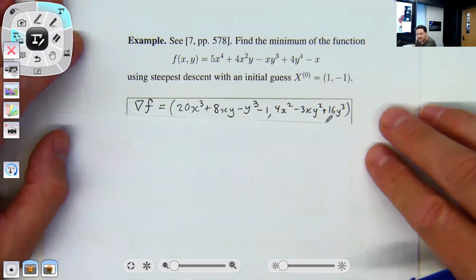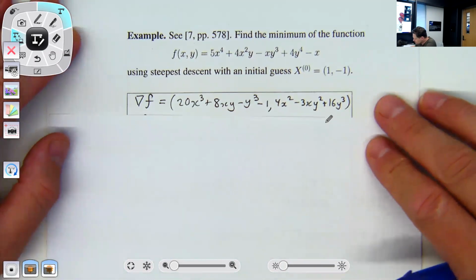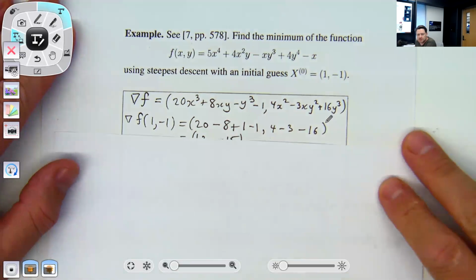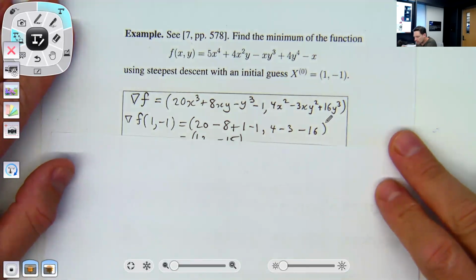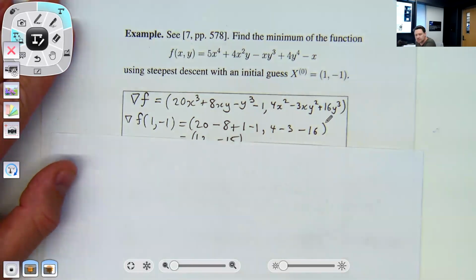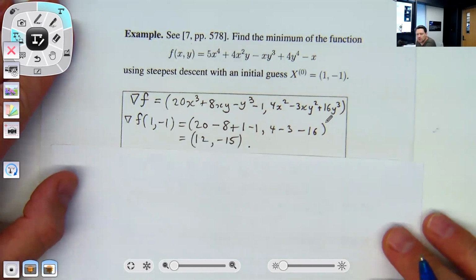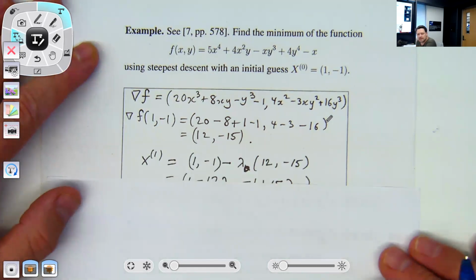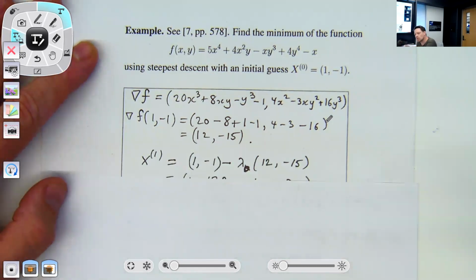Okay, so what we do, we take the gradient vector, right, which is right there, simple to calculate, substitute in 1 minus 1, so this is our x superscript 0, okay, and then we simplify that, we get the point 12 minus 15.